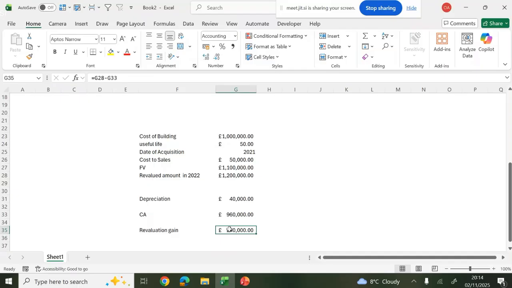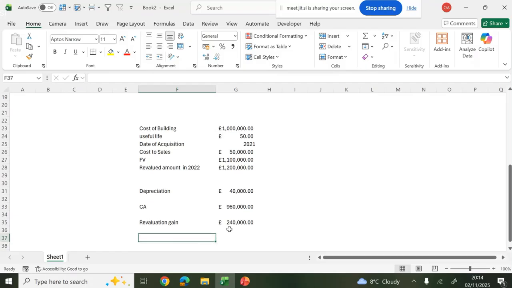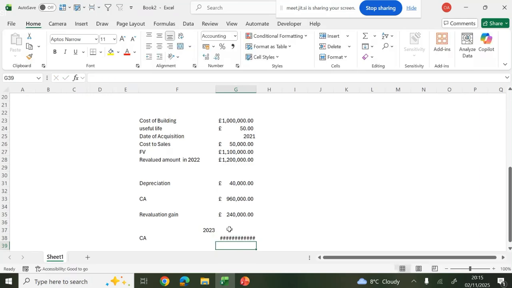So this revaluation gain will exist in 2022, but we have not yet gotten to where we determine the rest. So in 2023, our carrying amount should be how much? It should be 1.2 million. That should be our carrying amount, because it has been revalued.